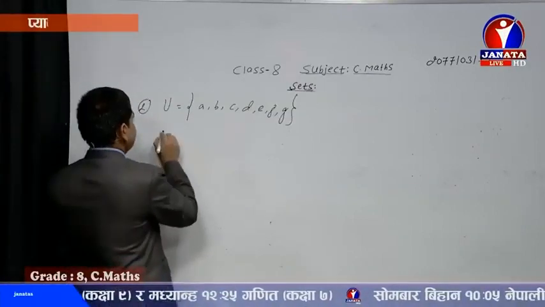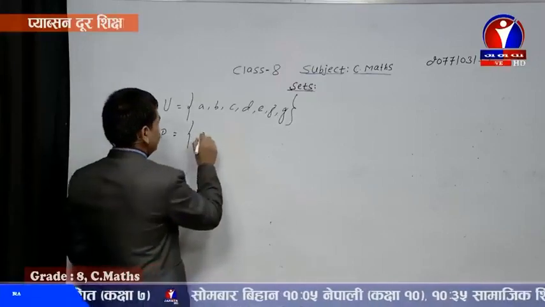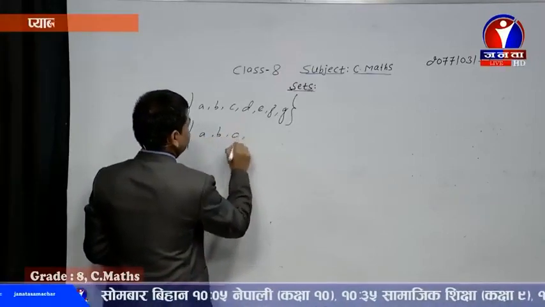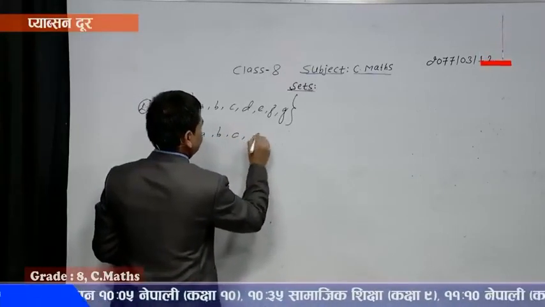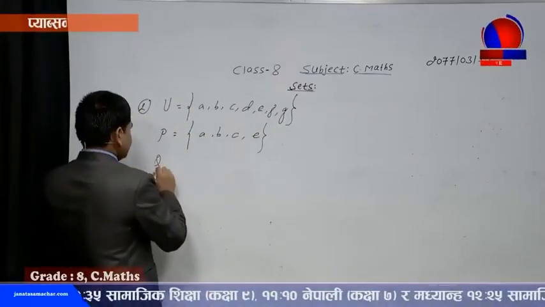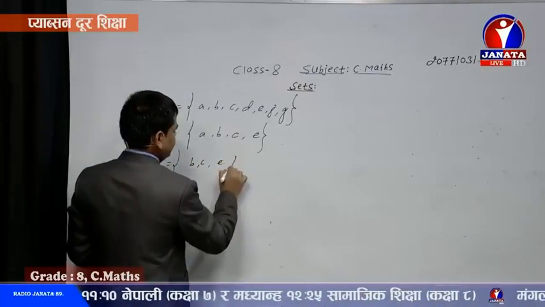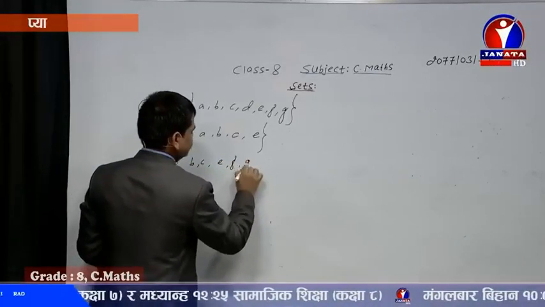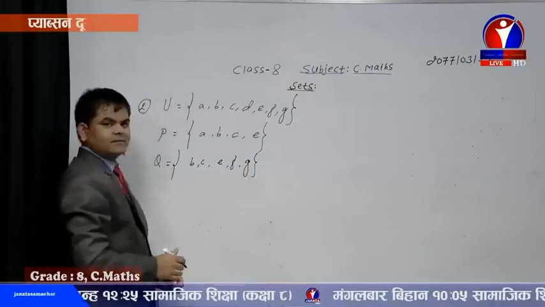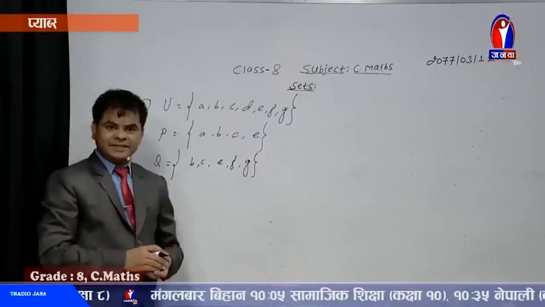So let's keep set P having the elements A, B, C, and E. Set Q I am going to take as B, C, E, F, and G. Let's represent this information in a Venn diagram.